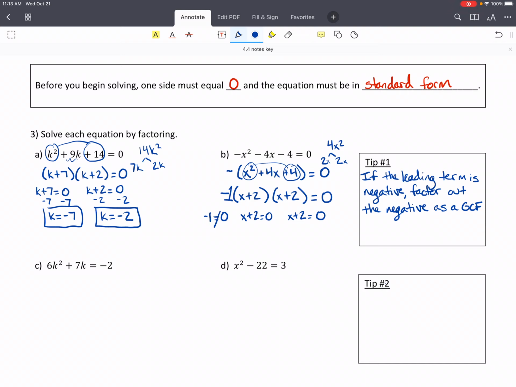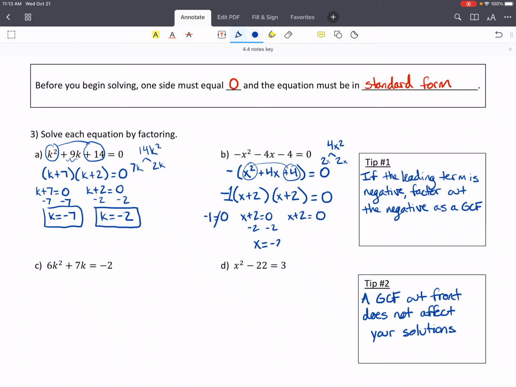So that tells us that a GCF is not going to affect your solutions, because no matter what I do, that -1 will never equal 0. And so I can just go through and solve with my other factors.